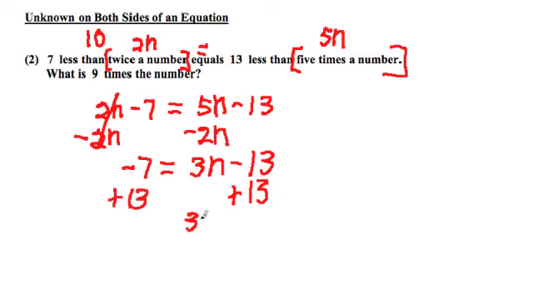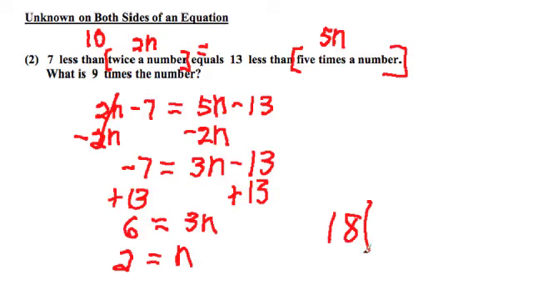We get 3n is equal to 6, n is equal to 2. But you always want to take an extra second to make sure you're giving them exactly what they want. Sometimes you're so happy that you get an answer, but you forget to notice that that's not exactly what they want. What they want here is not n, but 9 times the number, which is 18. And that would be the answer.